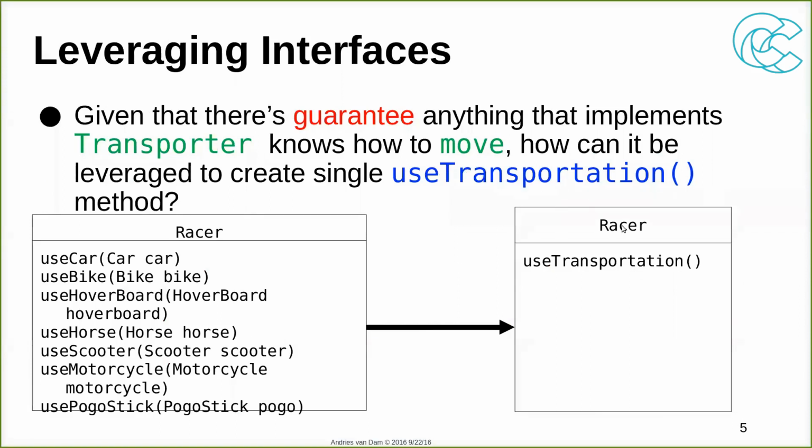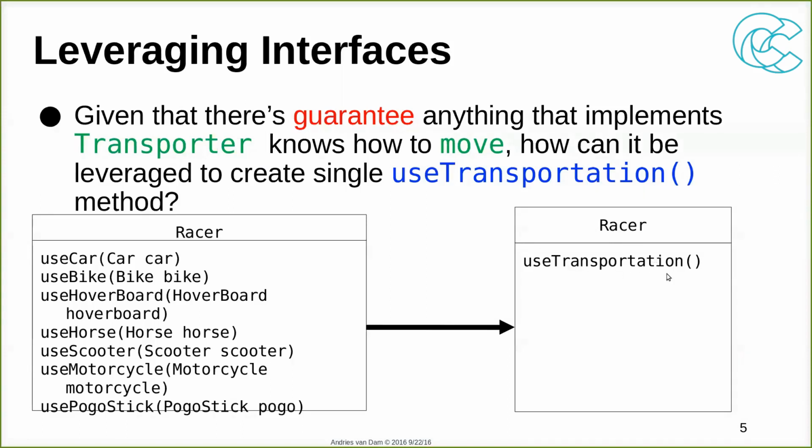So now in the racer class, again, we are not bothered about the transportation mechanism, right? The only thing that needs to be taken care of is that it should move from point A to point B. That is all we are bothered about at the racer level. So we can use something like useTransportation here, which can be more general compared to what we have discussed in the car and the bike.